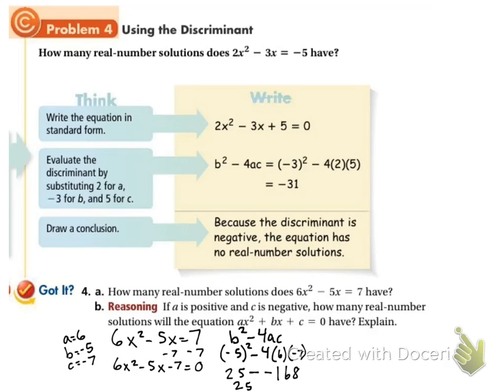So this turns into 25 plus 168, which gives me 193. The actual number you get doesn't matter. You just need to know, is it positive, is it 0, or is it negative? It's positive, so this means that I have two solutions.